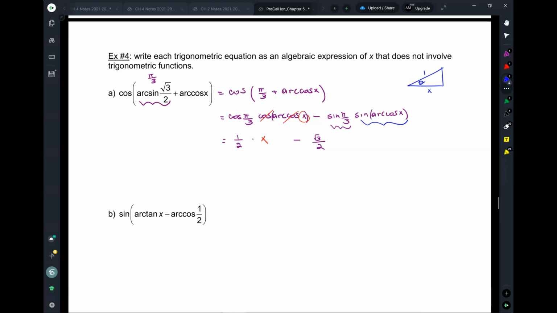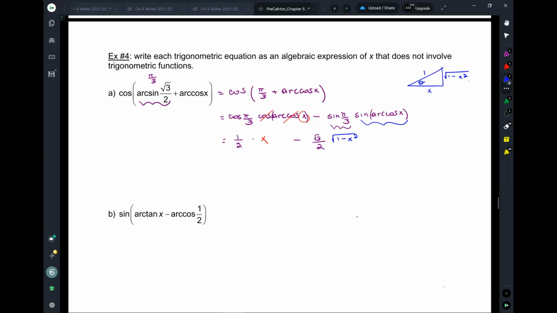So adjacent over hypotenuse is x over 1. And what would that missing side be? Do you guys remember a squared plus b squared equals c squared? So this is root 1 minus x squared. And so now the sine of that angle is opposite over hypotenuse, root 1 minus x squared.